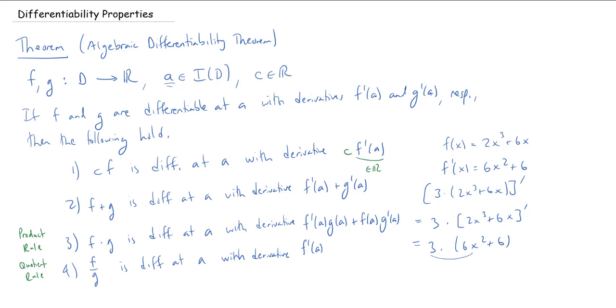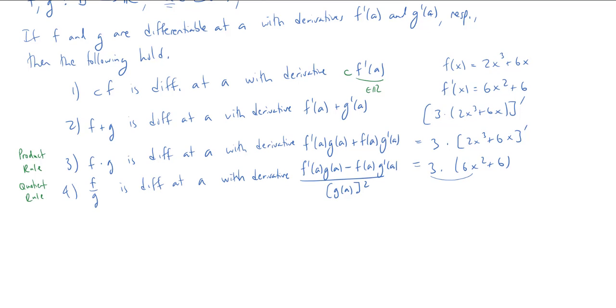Instead, we get f prime of a g of a minus f of a g prime of a, divided by g of a, and then we take that quantity there and square it. Okay, so that's a little bit of a crazy one. Of course, as with all of the quotients, we have to add in the little proviso that the denominator isn't zero. So provided g of a does not equal 0. Okay, obviously this doesn't work so well if g is equal to 0.